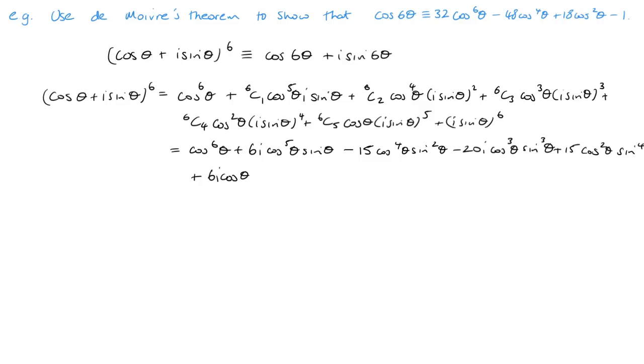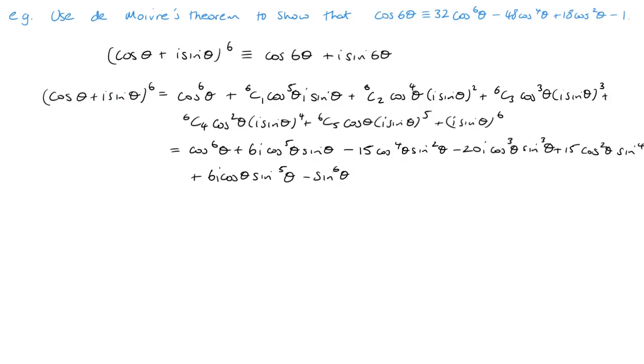So 6i cos theta sin^5 theta. Plus, and then this is i to the power 6, so i squared then cubed. So it's actually going to be minus sin^6 theta. So that is my expansion of this.